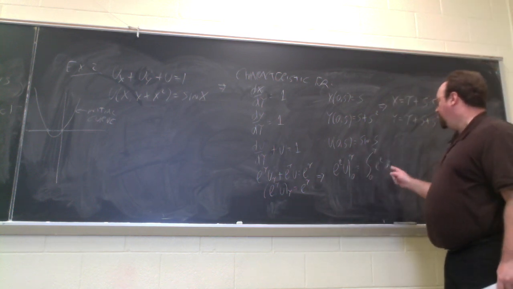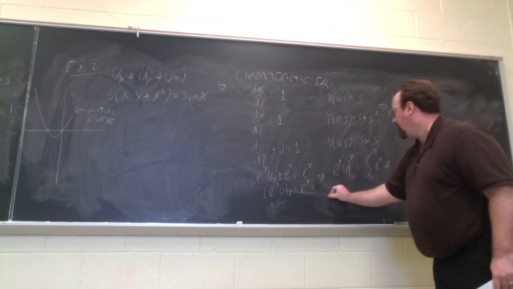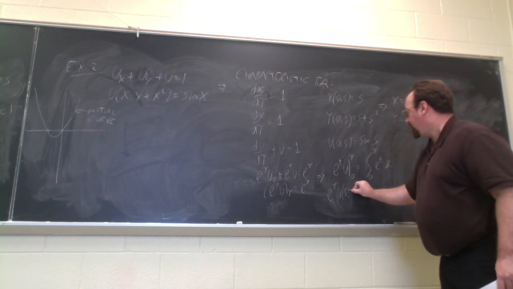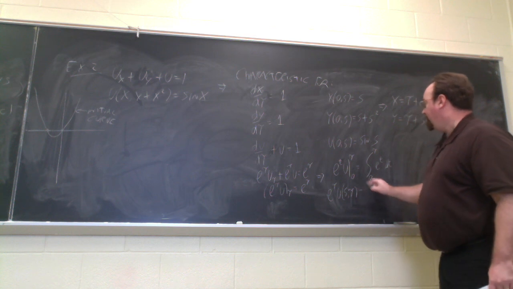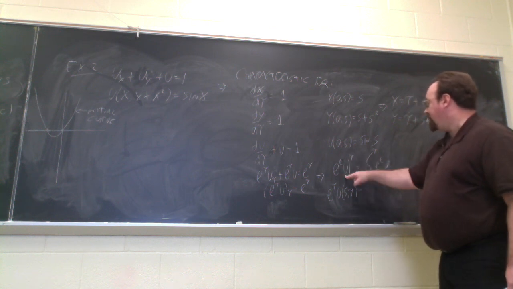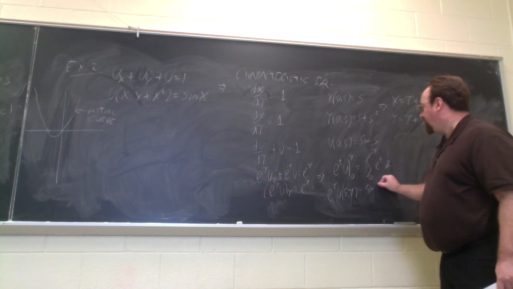Now when I plug in the limits, I get e to the tau u of s, tau, minus, plugging in 0, I get 1 here, so the initial value, which is sine s.